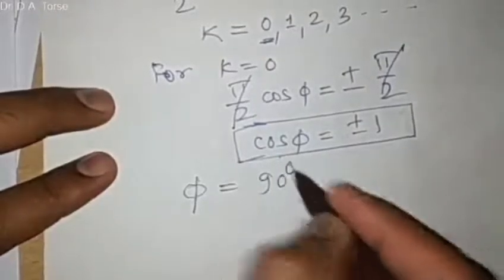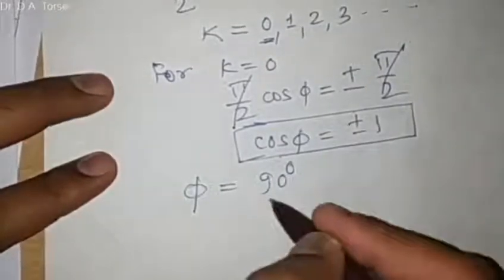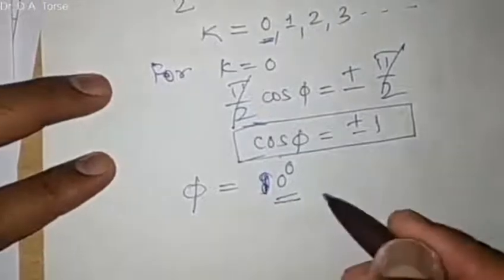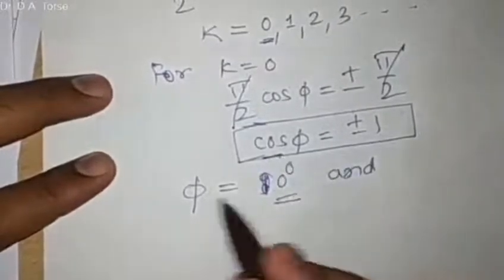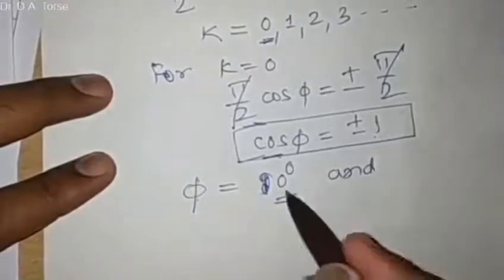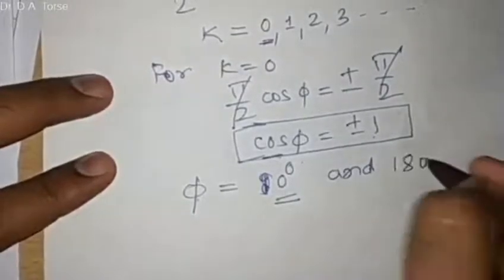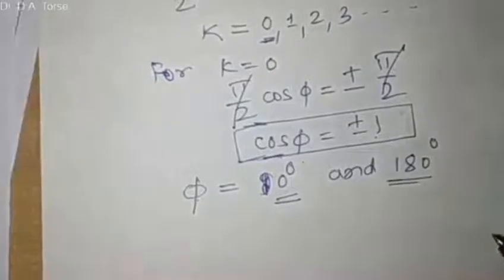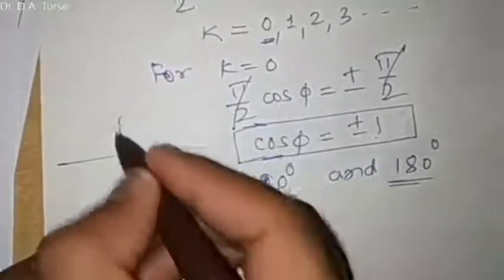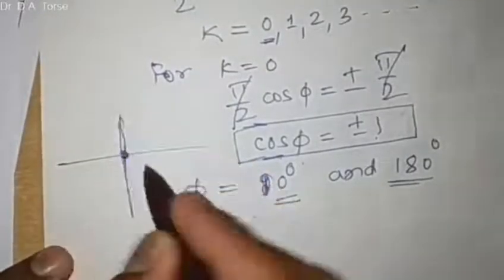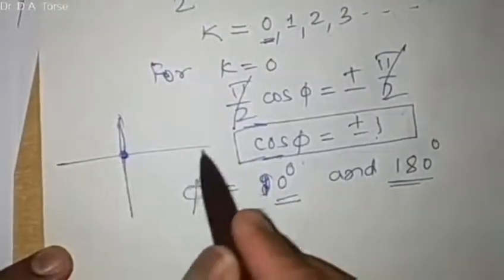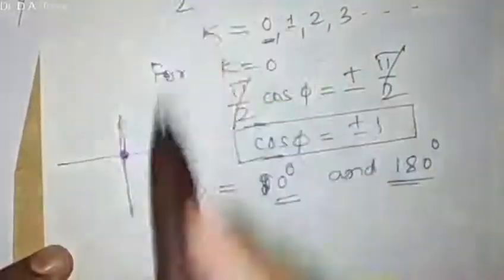Since it is cos, it is not sine, it is possible at 0 degrees and 180 degrees. So at 0 degree or 180 degree of an axis or a coordinate system, you have maxima obtained.